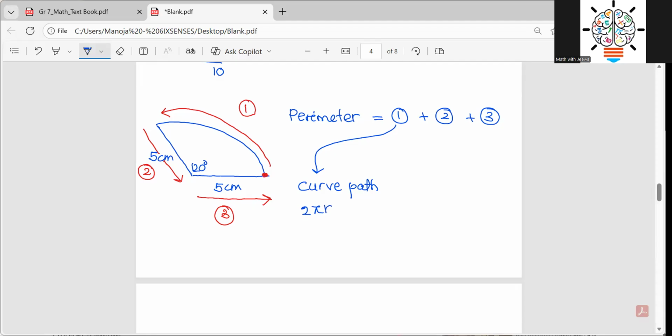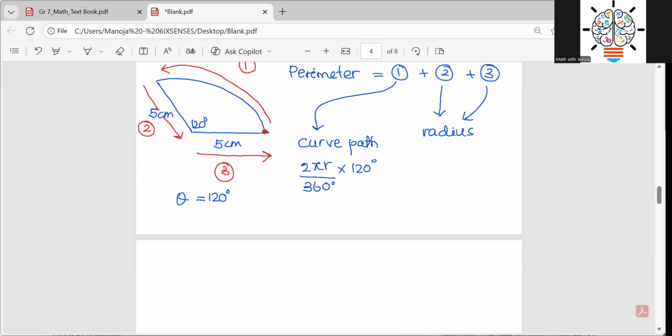That is the full circle value. And if you come across a sector, first you want to divide this by 360 and you multiply by the theta value. Here the theta value is 120, children, right? You just multiply by 120. And this is the radius, right? And then this one also is the radius. Okay, so then we will substitute the values and see how it works.